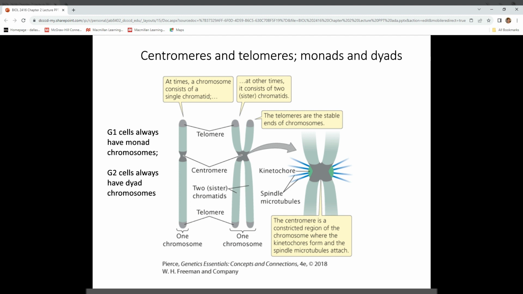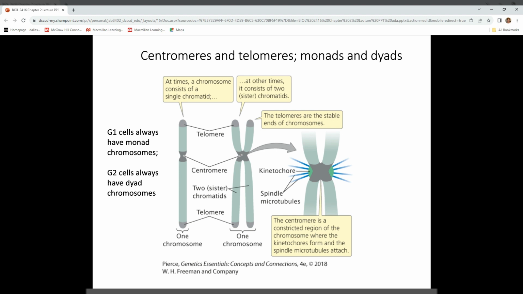There are certain times of a cell's life when the chromosomes in that cell would always be found in the monad form, and other times in the cell's life when the chromosomes would always be found in the dyad form. So the form of the chromosomes is a function of what phase of cell division a cell is in.